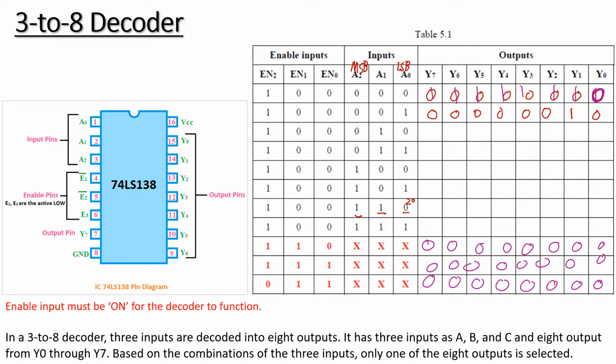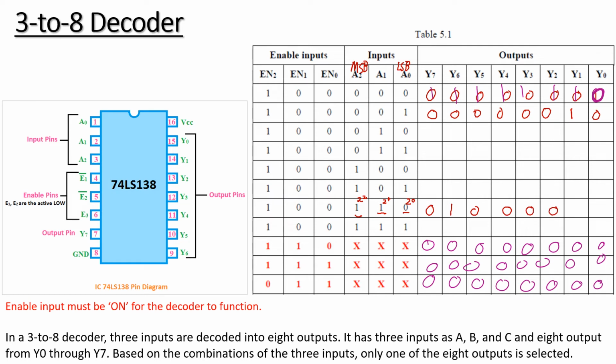If we do the addition of this binary, you will get 2 to the power of 2, which is 4, plus 2 to the power of 1, which is 2. 4 plus 2 is equal to 6, and only at Y6 the output will be 1 and the others will be 0.